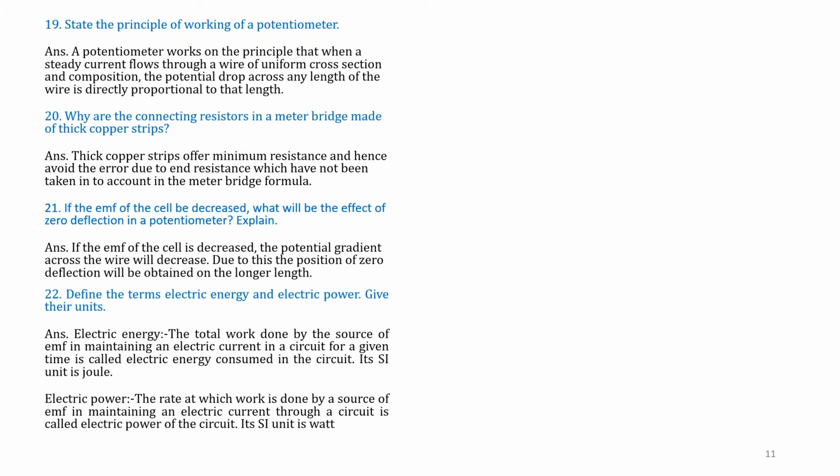When a time factor is applied, then it is called electric energy. See, the difference is given time. It is joules or watt hours. If 1 watt of power is supplied for 1 hour, it is called watt hours. That is energy.